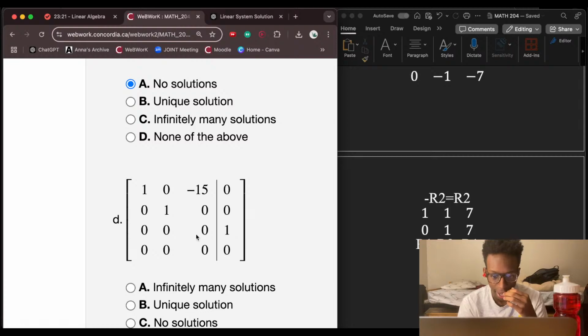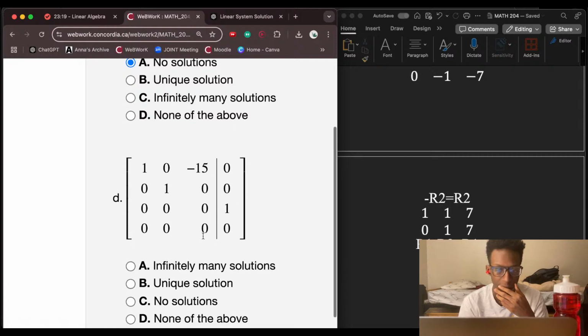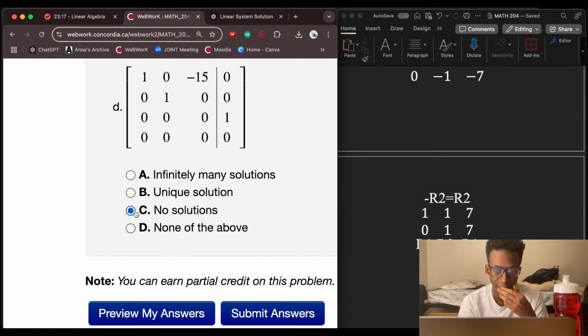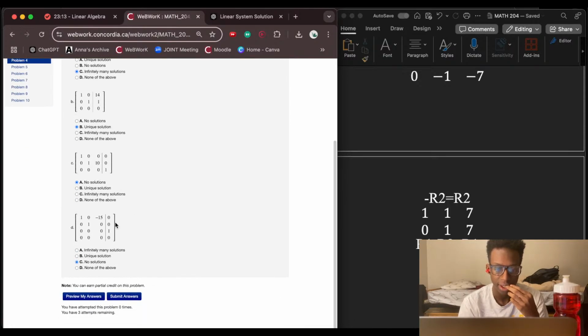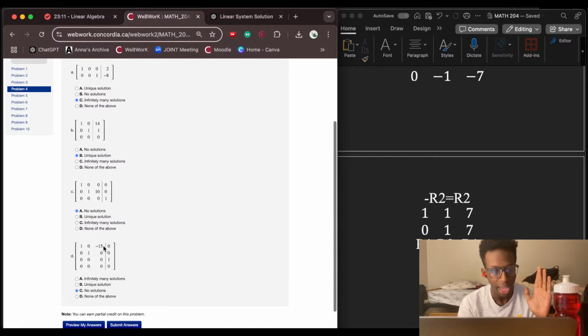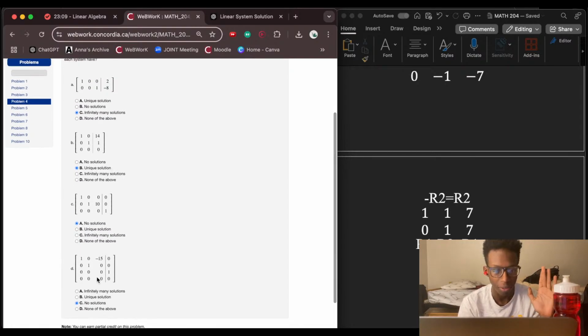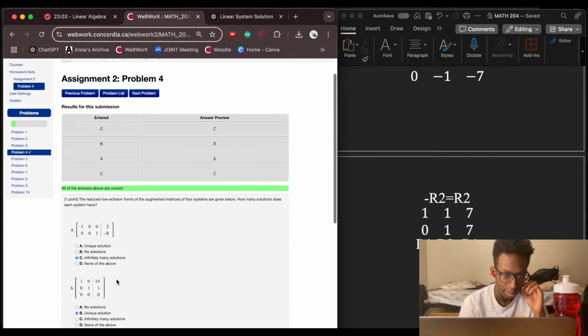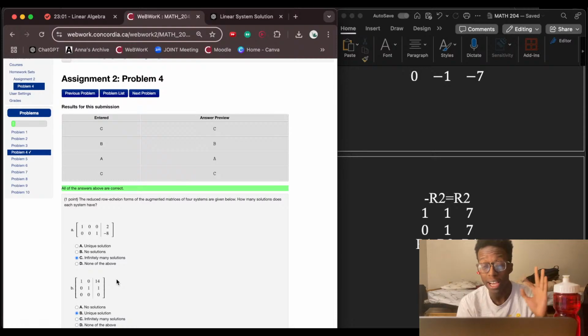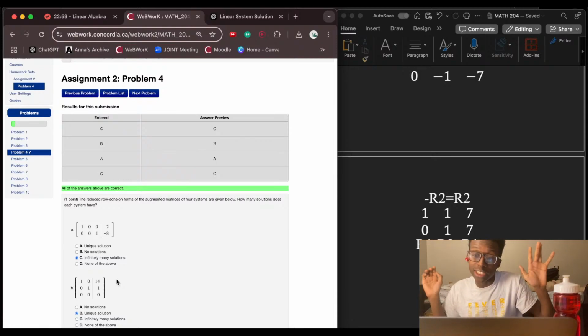But then again, we have a 0, 0 row with a nonzero entry, meaning that there is no solution. So based on that, should we press the button and see if I am correct in all 4 of my choices? Yes, we should. And if it's wrong, you know who will call. But because we don't have to, let's go.